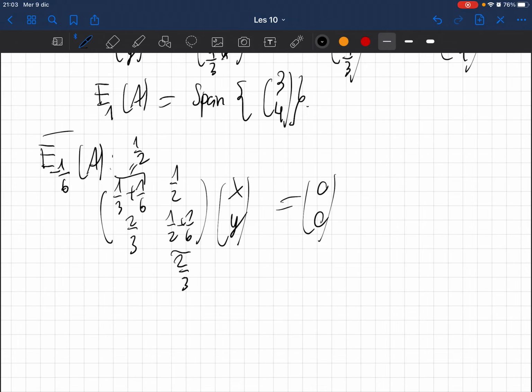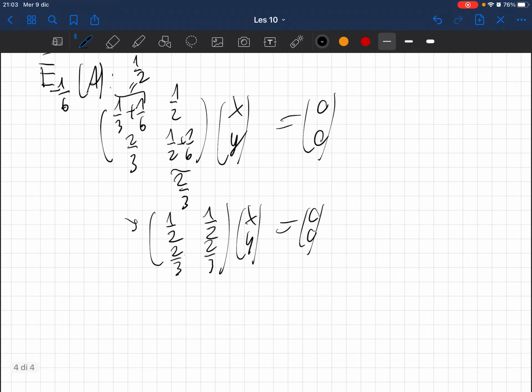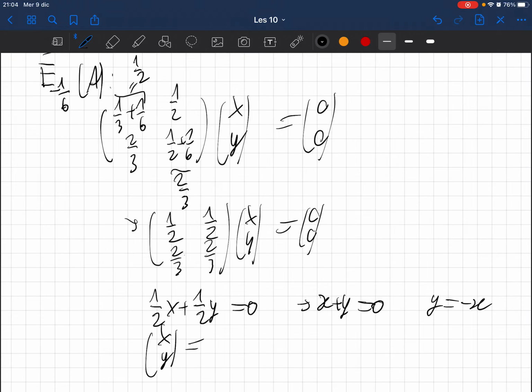So this is the matrix 1, 2, 1, 2, times (x, y) equal to (0, 0). You immediately see that you have just one equation, so it's just this equal to 0, which gives x plus y equal to 0, so y equal to minus x. So the general solution, if you want, is like this: (x, minus x).